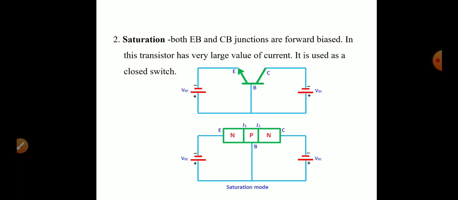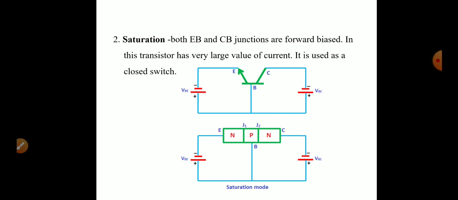And second one is saturation mode. In saturation mode, both the emitter base junction and the collector base junction are forward biased. Here also we are explaining the NPN transistor. The emitter is N-type, and for forward biasing, it is connected to the negative terminal of the battery.